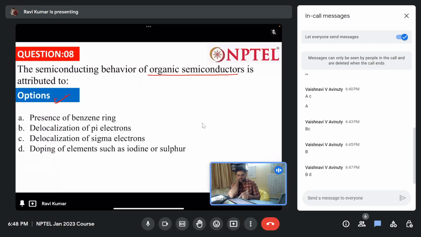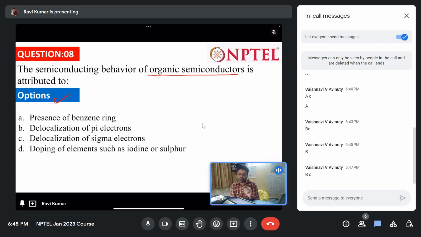Sir, I have one question. Organic semiconductor is naturally a benzene ring. In the benzene ring, when we dope sulfur, then we prepare the organic semiconductor. But why is the benzene ring not correct? The answer is delocalized pi electrons.